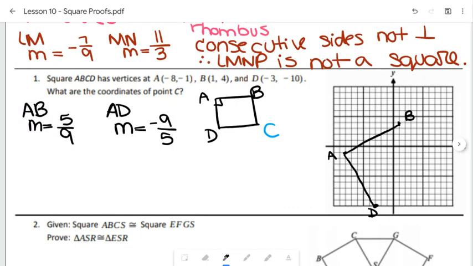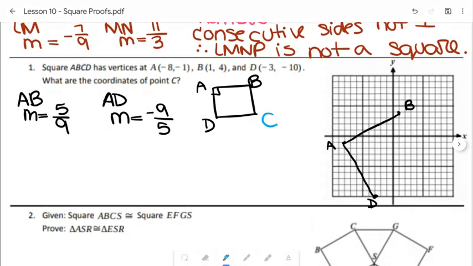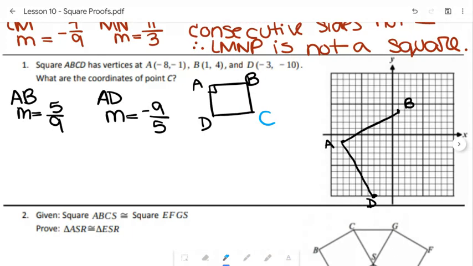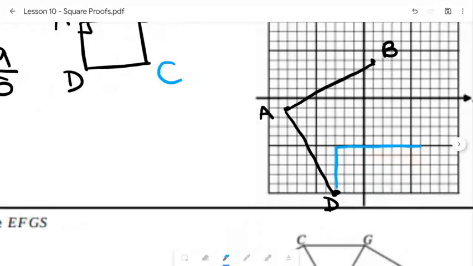So we know that these other 2 opposite sides have to be parallel. So we know AB and DC have to have the same slope, same as AD and BC have to have the same slope. So I'm just going to count this slope. If I go down here at D and I count the same slope, up 5 over 9, I get to that point right there.